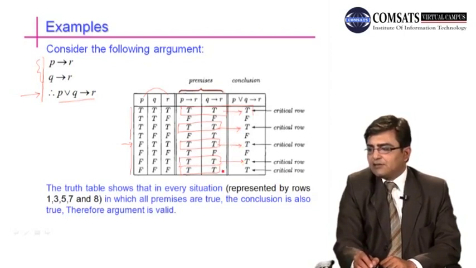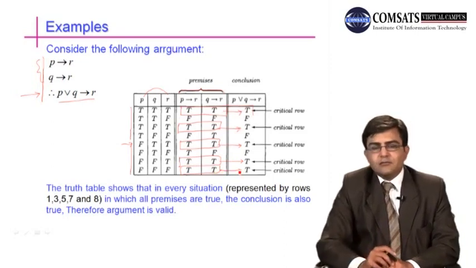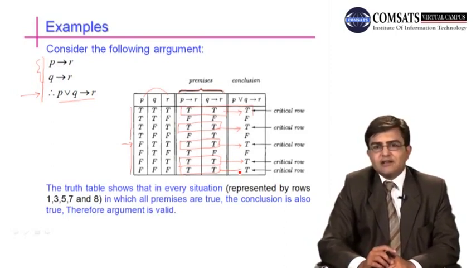Here also the conclusion is true, and in the last the conclusion is true. So if corresponding to all critical rows the truth value in the conclusion column is also true, then we say that this argument is a valid argument.